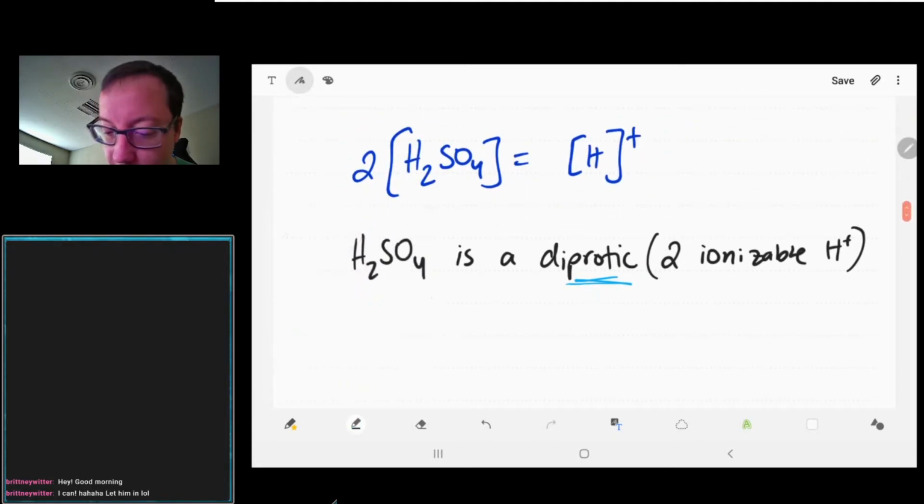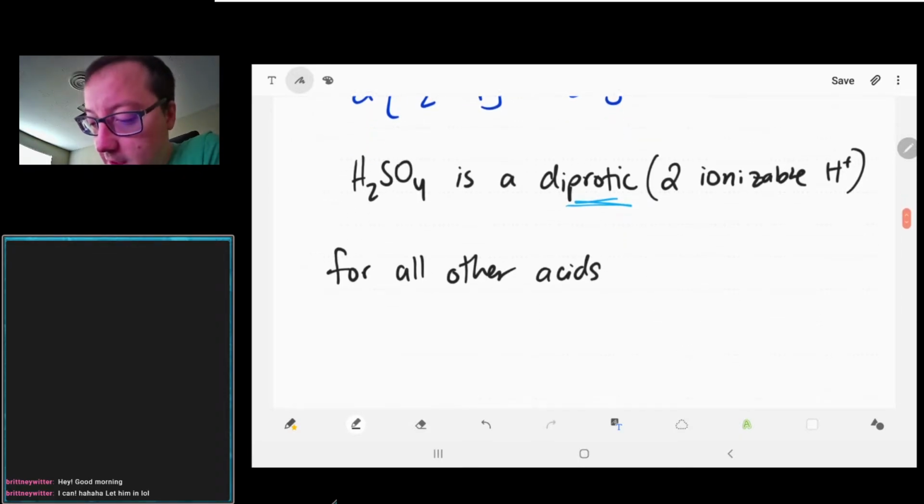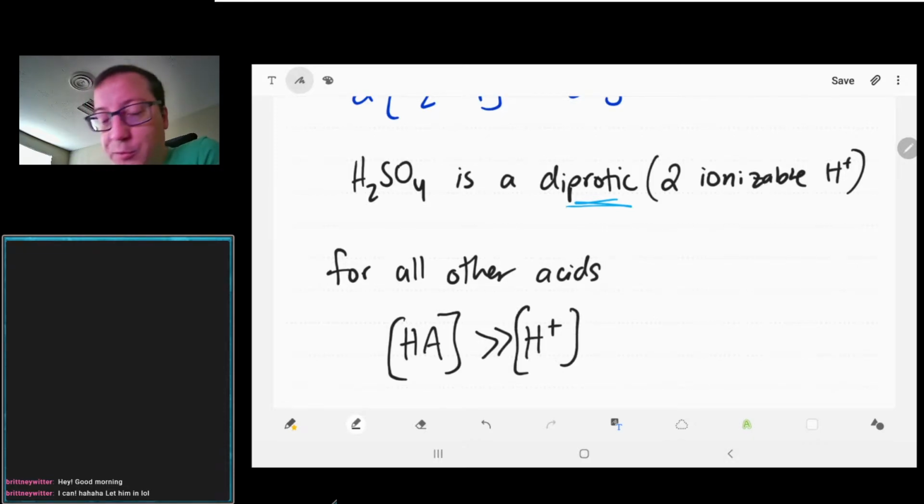Okay, and then for all other acids, we're going to see that the concentration of the acid, let's just say HA, some sort of acid, is going to be much bigger than the concentration of H plus because those are not going to fully ionize, right?